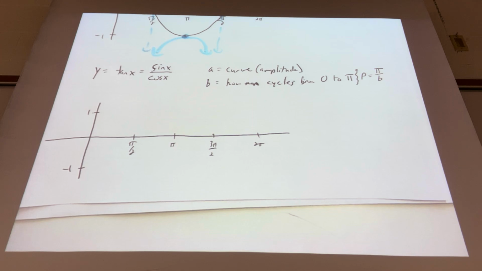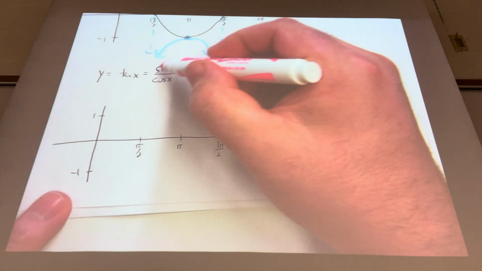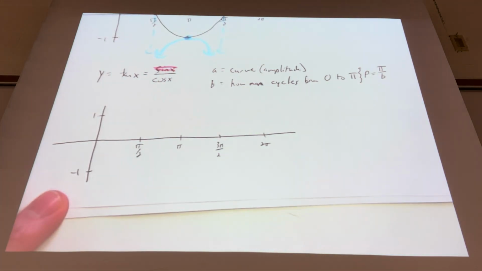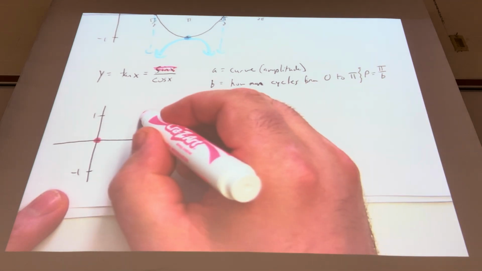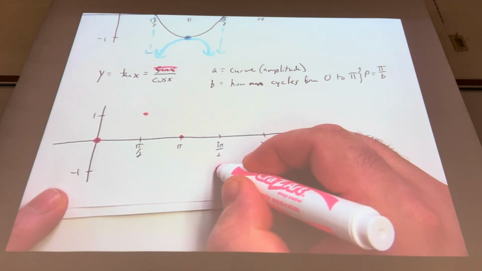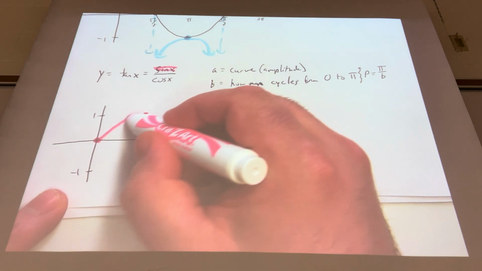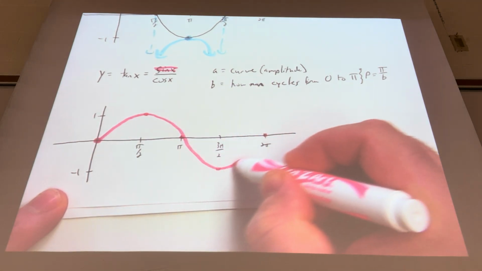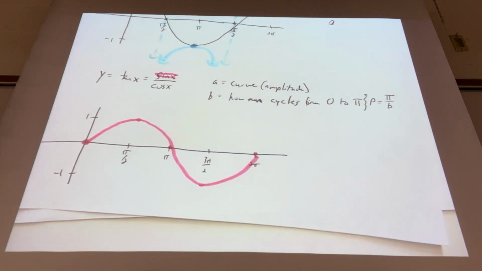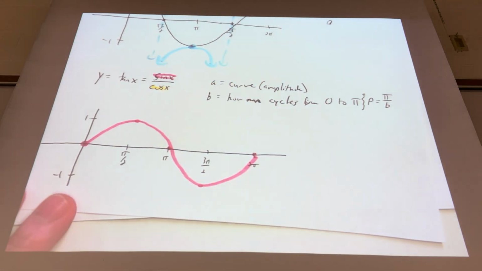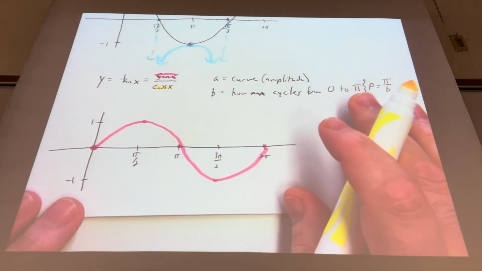Let's see here. Sine's going to be pink. I'm just going to put a little pink on that sine there. Remember, sine started at 0, went up, down. We have this nice curve looking like this. Cosine, I'll put some yellow over it.